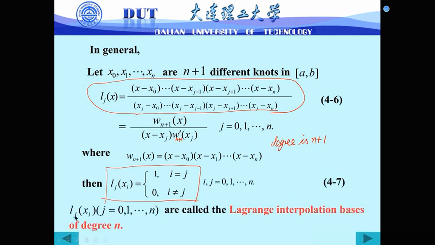So generally, we call the functions Lj(x) the Lagrange interpolation basis of degree n, j from 0 to n, n plus 1 of them. Clear? This is the famous and popular Lagrange interpolation method by polynomial of degree n.